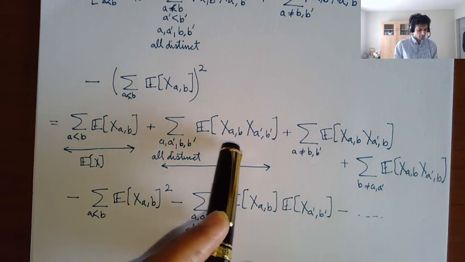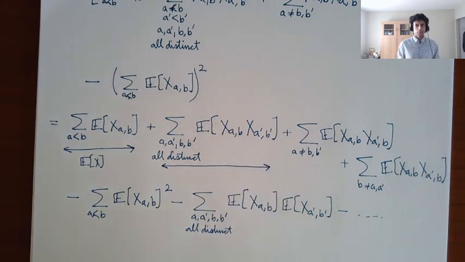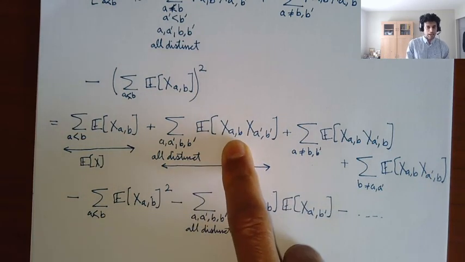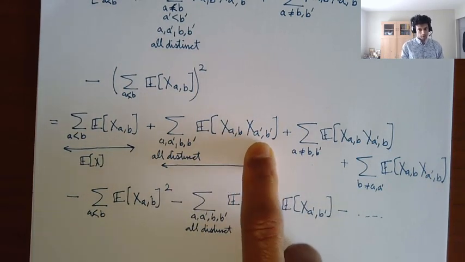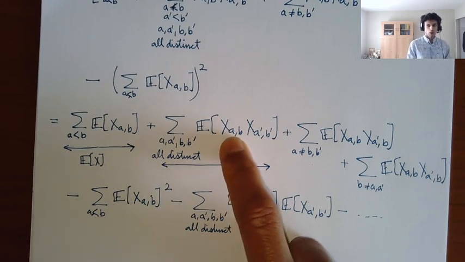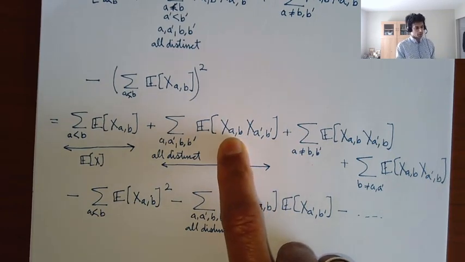Exactly. We're talking about four independent draws or four independent samples from the distribution, four independent balls. So the behavior of what happens with A and B is independent of what happens to A prime, B prime, conditioned on whether A and B end up in the same bin.